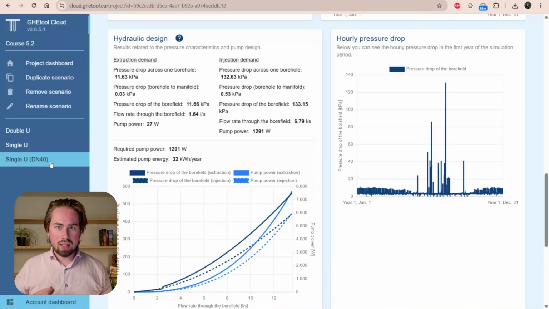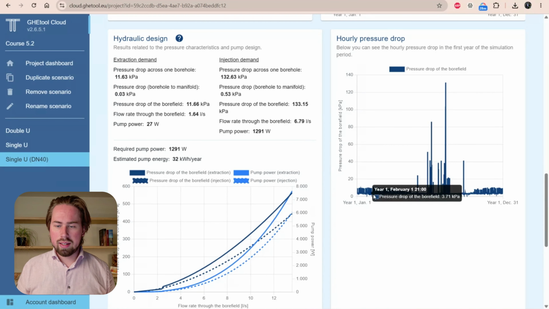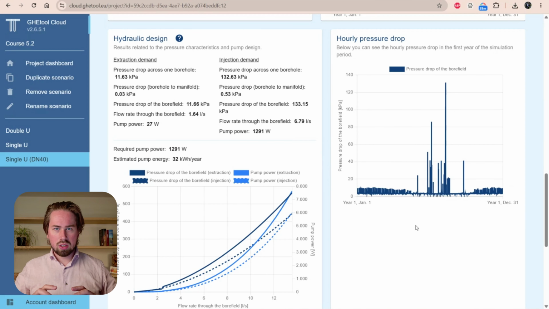Although our peak is higher, the pressure drop in the worst case condition is higher than the W, but now our average energy consumption is a little bit lower. And that's because in this initial range, when we're in quite a lot of laminar flow, our single DN40, because it has a bigger diameter, has less surface area for the fluid to have contact with, meaning that in these regions we have a slightly lower pressure drop, meaning that on average, our DN40 will consume less electricity than our double DN32.